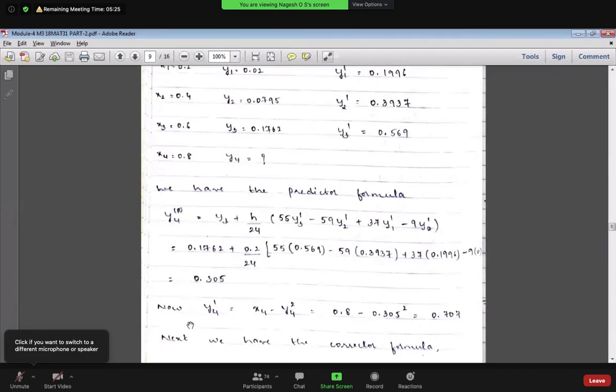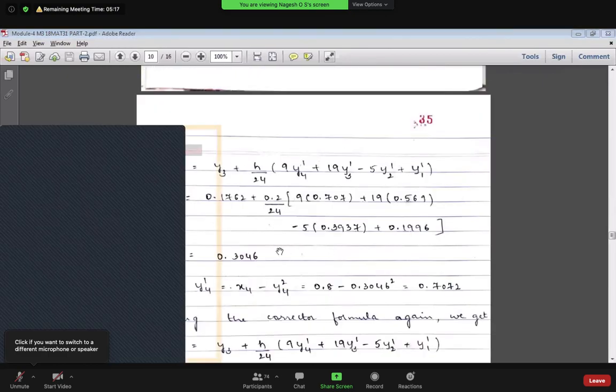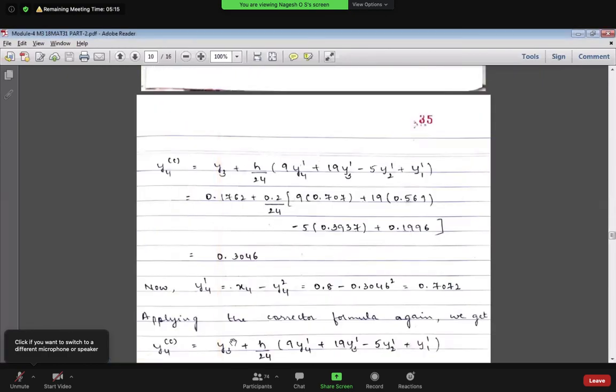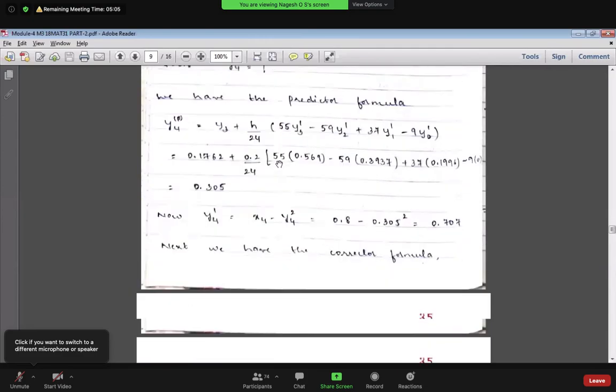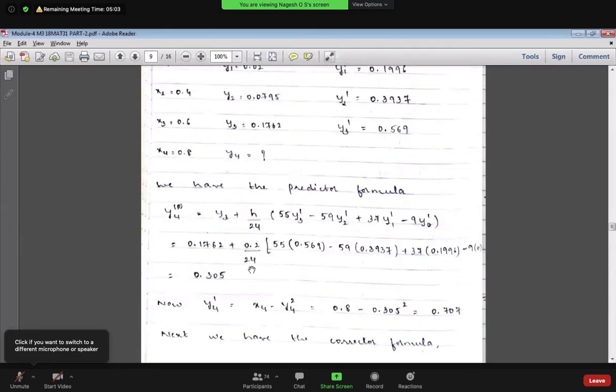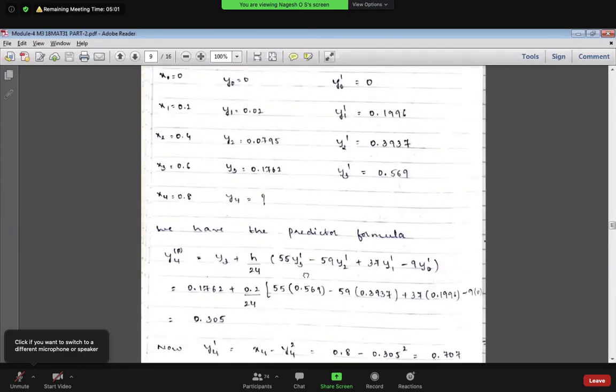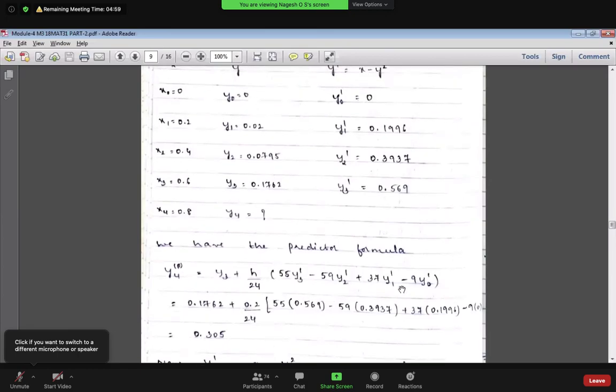The formula is changed. These are the two different methods to find y4. So apply the predictor formula, the Adams-Bashforth predictor formula. This is the formula: y3 plus h by 24, 55 y3 dash minus 59 y2 dash plus 37 y1 dash minus 9 y0 dash.